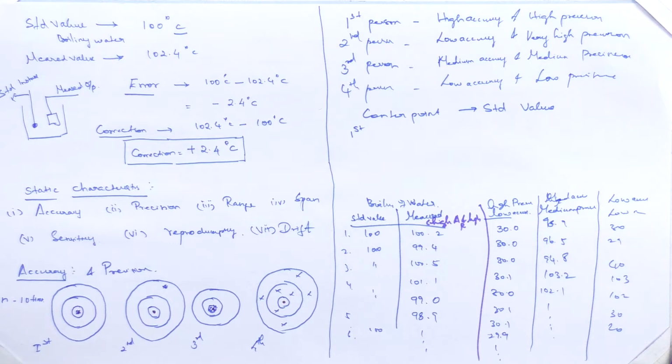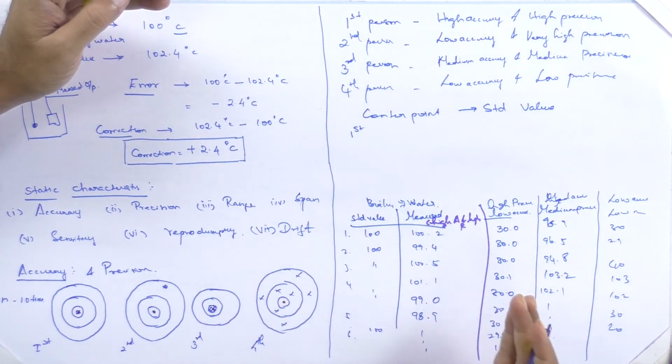Okay. So we have now very well understood the concepts of accuracy and precision. What is accuracy? It is the nearness to the ideal value. Our ideal value here, the standard value, is the boiling point of water, and how near our measured value is gives you the accuracy. What is precision?